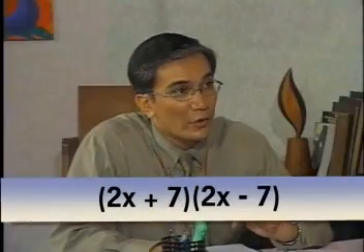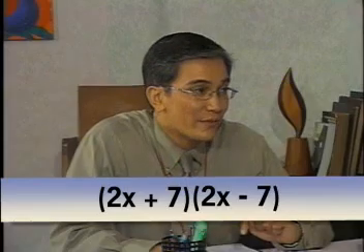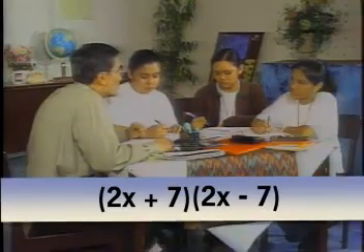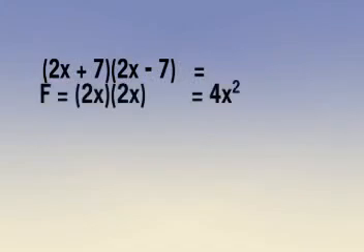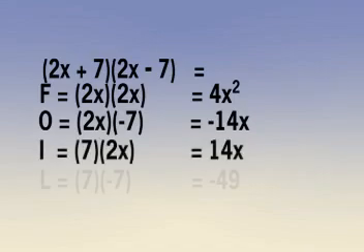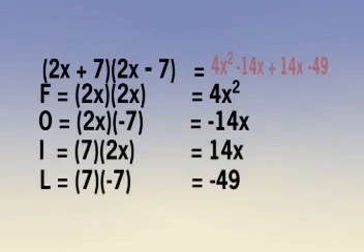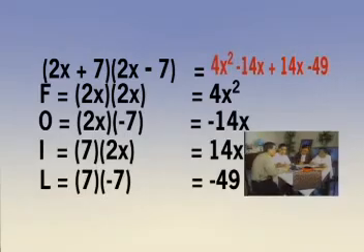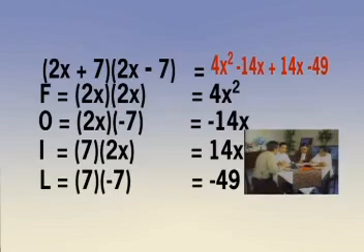Applying FOIL on the quantity 2x plus 7 times the quantity 2x minus 7, we get 4x squared minus 14x plus 14x minus 49.